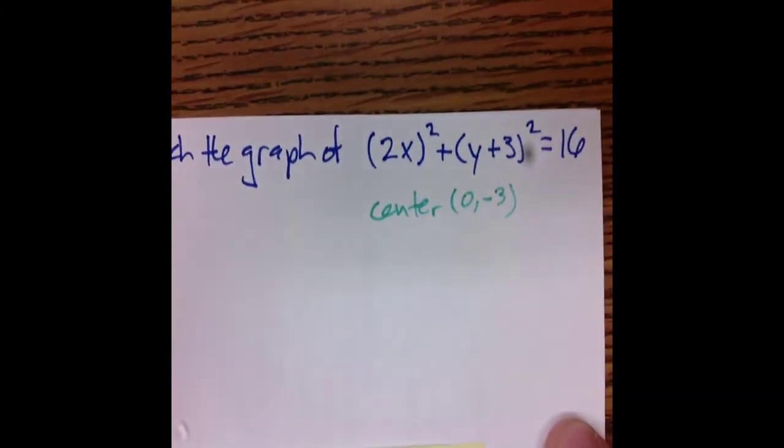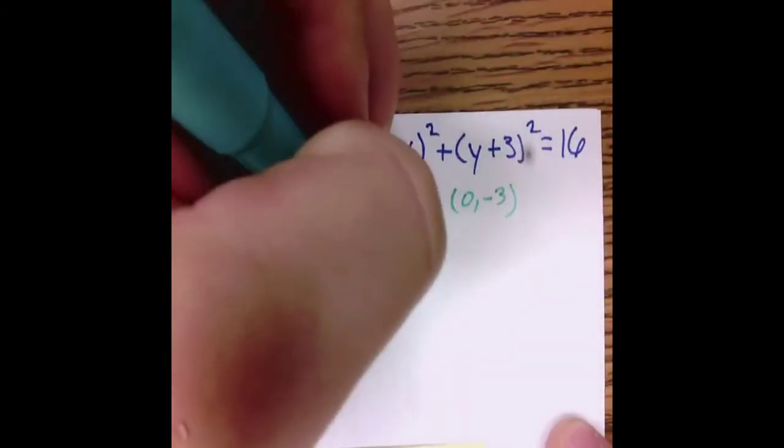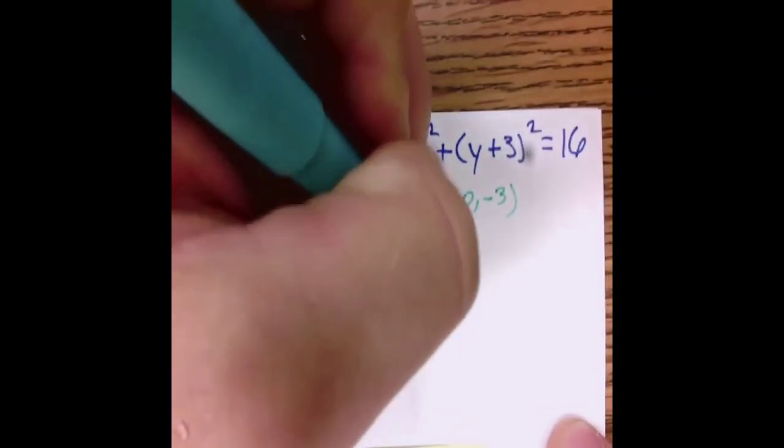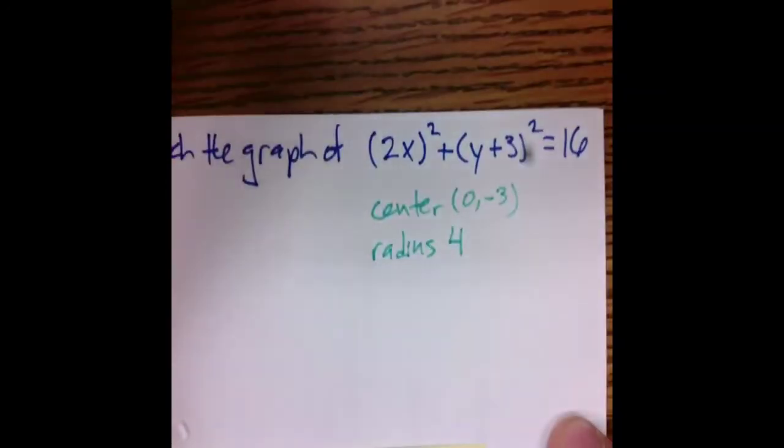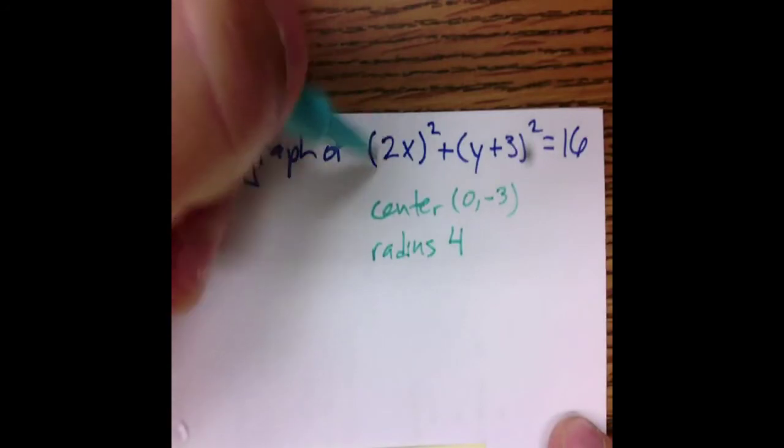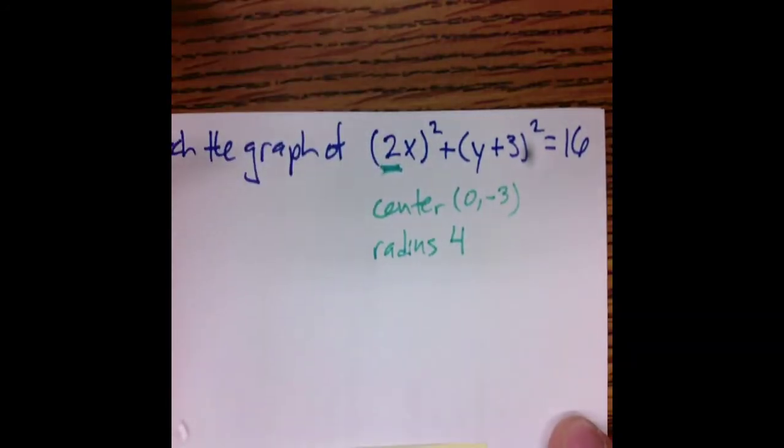Now there's a weird thing happening here. Normally we'd say this circle has a radius of 4, which it does technically. The only thing that's weird is right here, this 2 being multiplied to x means that we've compressed it in the x direction.